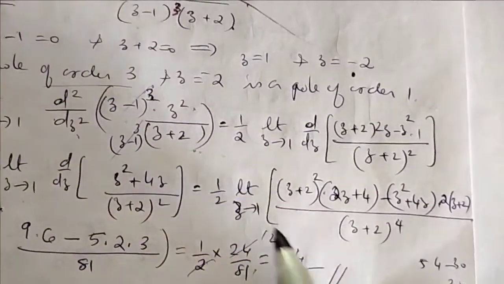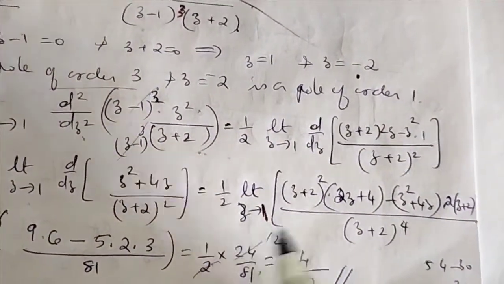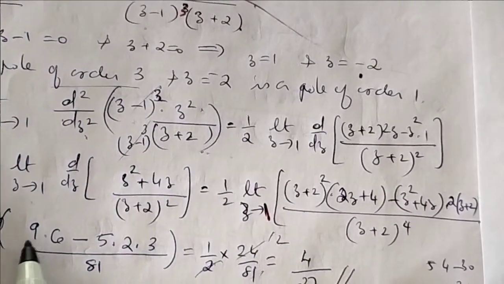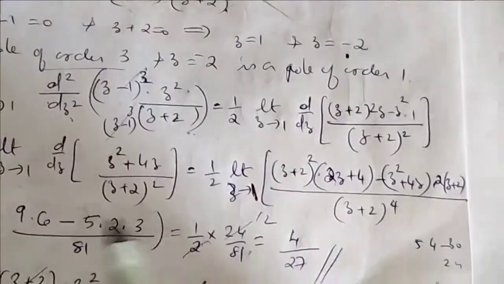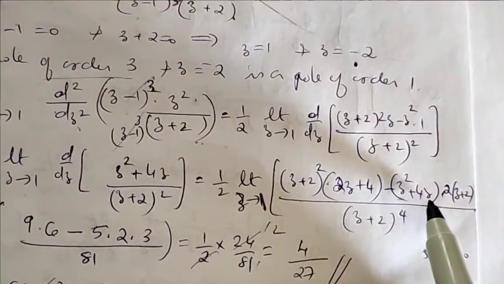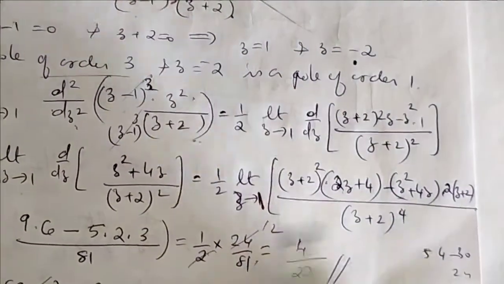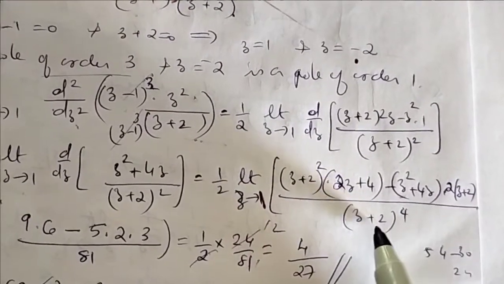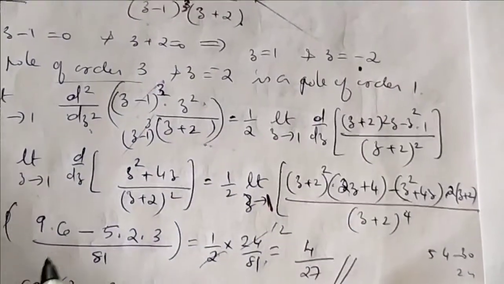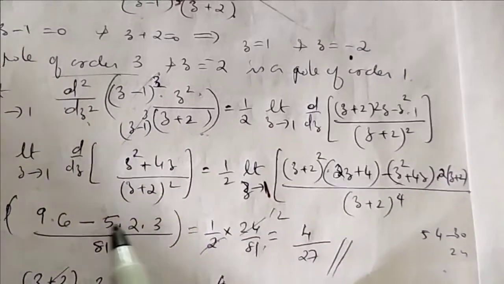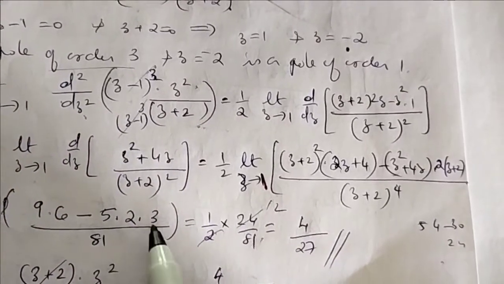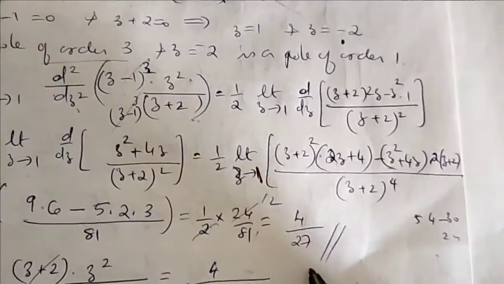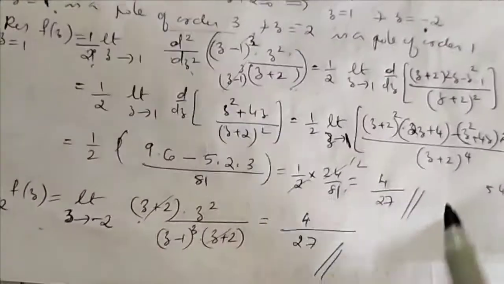Now substitute z equal to 1: 1 plus 2 is 3, square is 9, 2 plus 4 is 6 minus 1 plus 4 is 5, into 2 into 3, by 1 plus 2 is 3 raised to 4, which is 81. It is 54 minus 30, and 54 minus 30 is 24. So the answer is 4 by 27. So that is the residue.